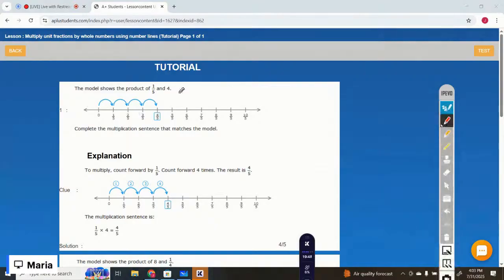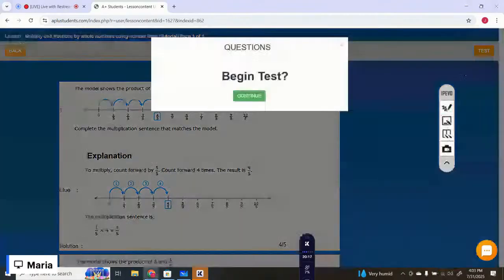So 1 by 5 times 4, just look at this number line. We have 1, 2, 3, 4. 4 times 1 by 5 equals 4 by 5. That is 4 by 5. So let's just start with the test questions.